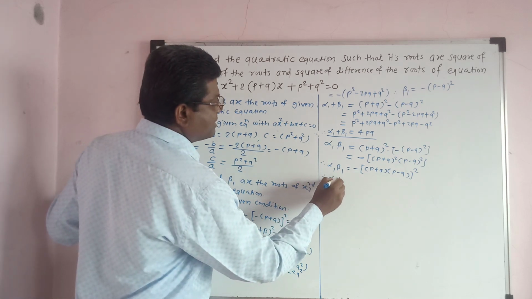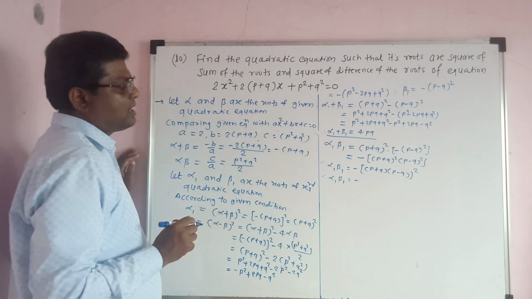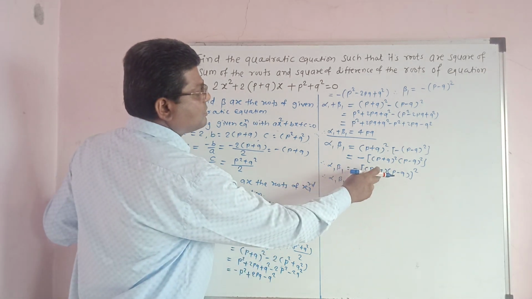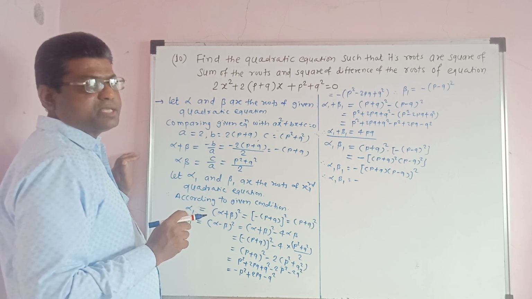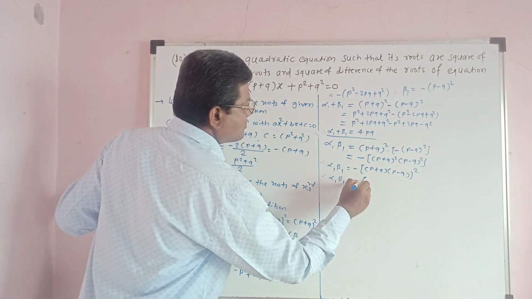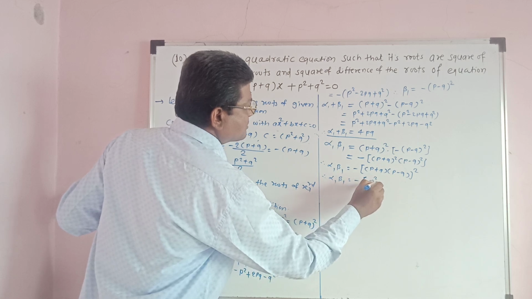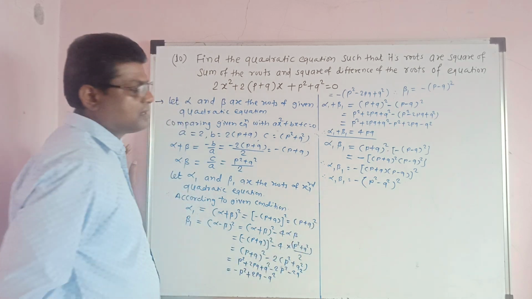Therefore alpha 1 into beta 1 is equal to minus, and here p plus q into p minus q will be p square minus q square. So we write in bracket p square minus q square, that is bracket square.